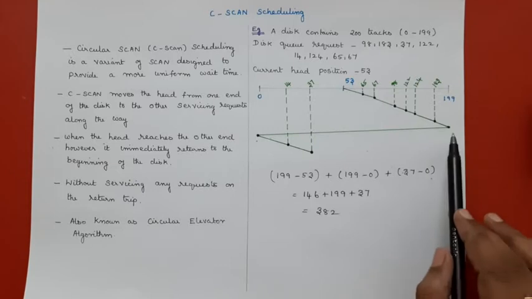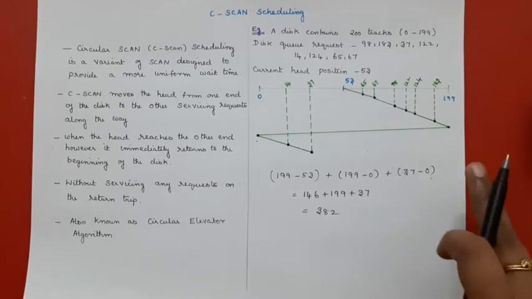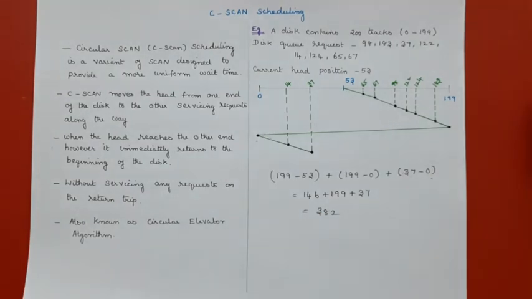When it is moving from this end to the beginning, it won't service any request that comes its way. Once it reaches the beginning of the disk, then it continues to service the requests. So we will see how the C-scan algorithm works with an example.